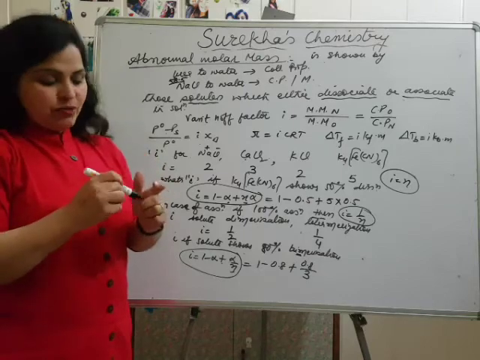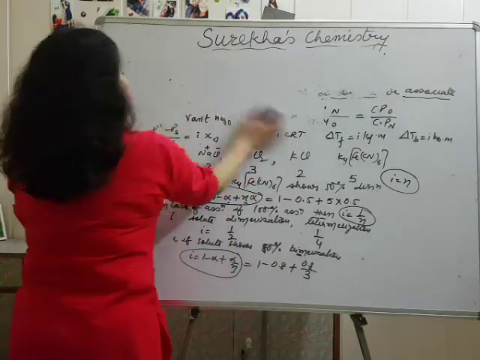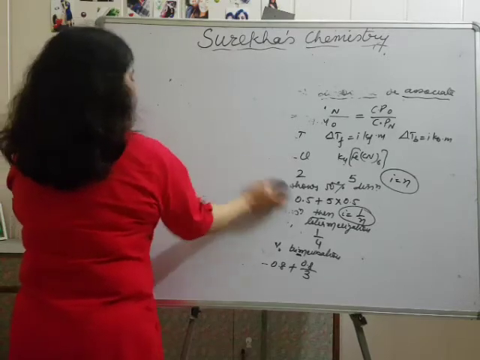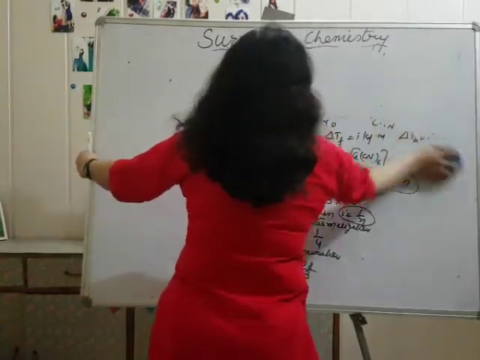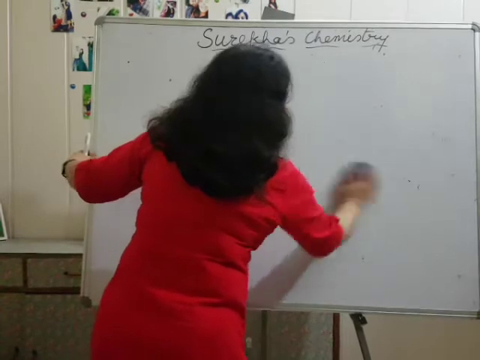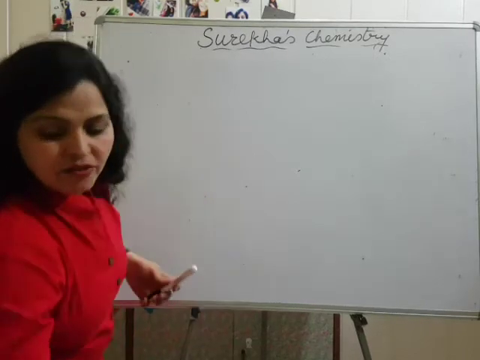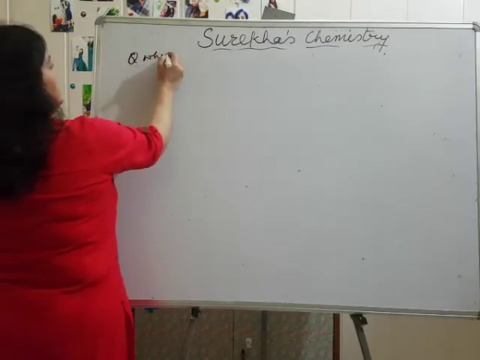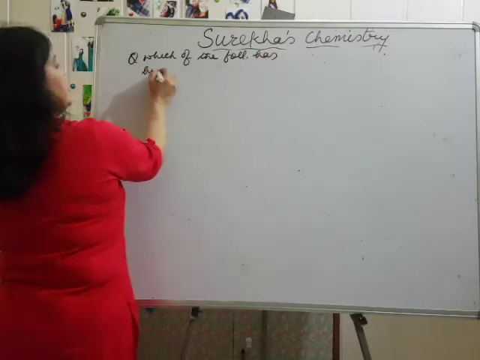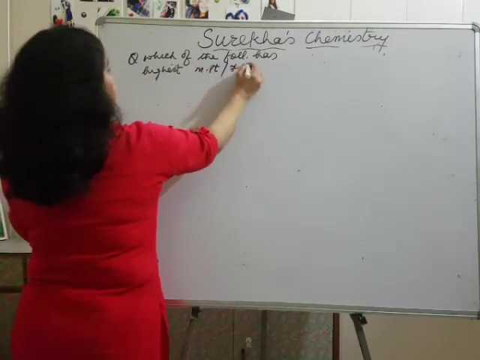राइट. सो वन मोर क्वेश्चन आई जस्ट वांट टू आस्क यू. The question is, which of the following has highest melting point or freezing point?